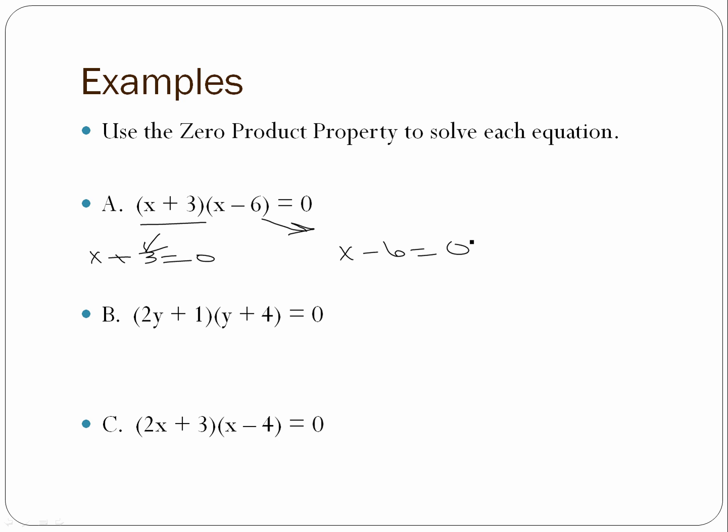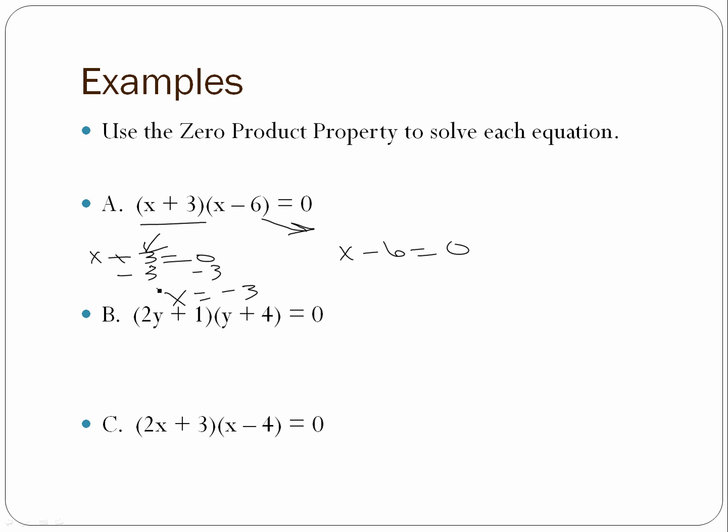So what I've done so far, I've taken each binomial, separated it from the other, and set it equal to 0. From here, I'm going to use simple algebra to solve. On the left, I have x plus 3 equals 0 from this first binomial. To get x by itself, I'm going to subtract 3, and I'll be left with x equals negative 3.